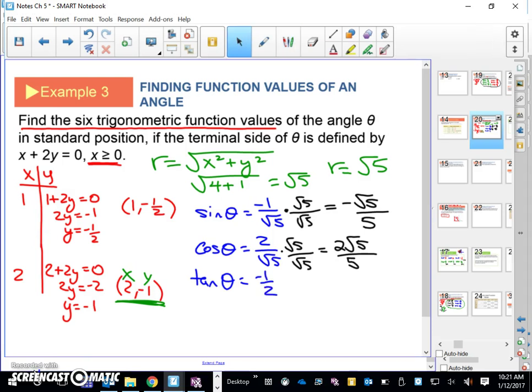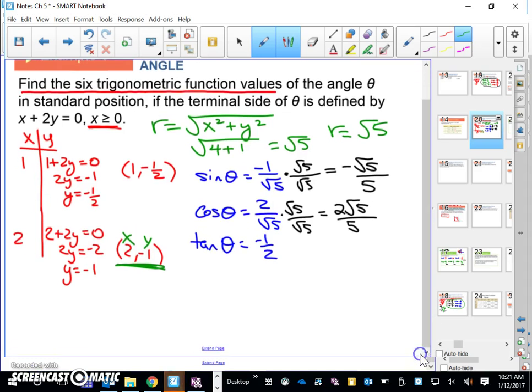Okay, good. So now let's do our reciprocal functions. Cosecant theta, remember the theta, don't leave that out, is going to be the reciprocal of sine theta. What people will want to do is look over here and flip this one.